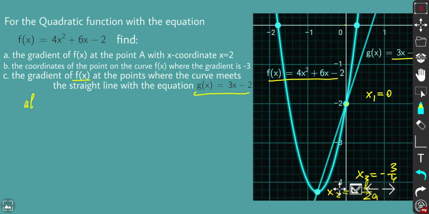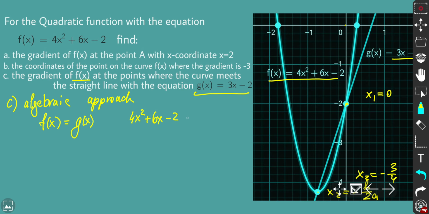So the algebraic approach. Okay, what are you going to do? You simply need to equate g(x) to f(x) because they have common points. So that's why you equate, and from there you solve the simultaneous equations.